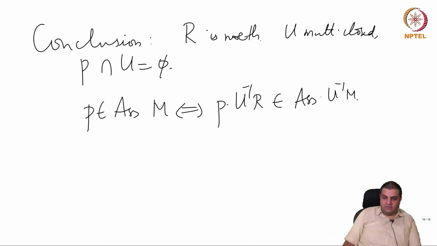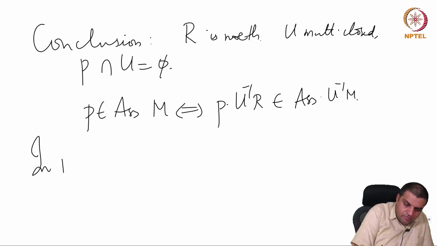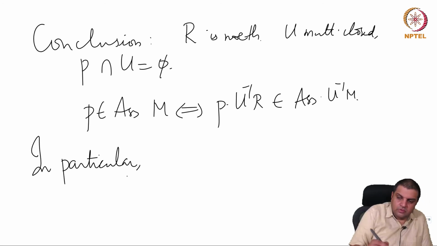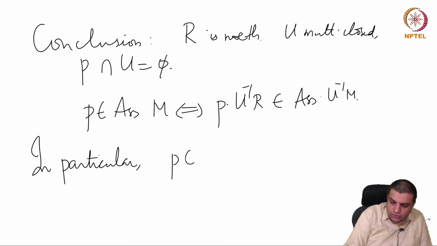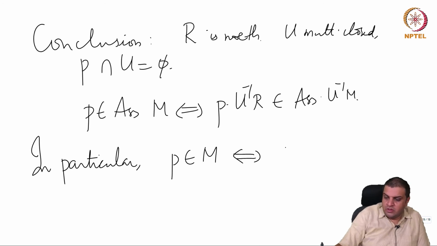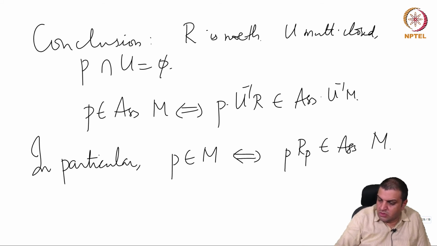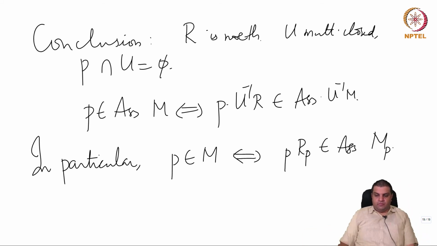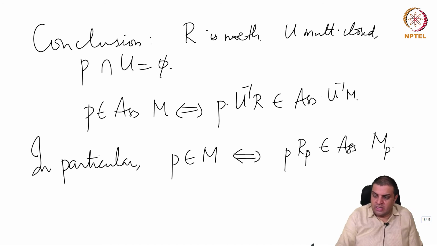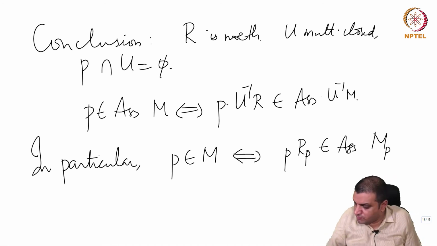Okay. If and only if this one. In particular, P is associated to M if and only if P RP is associated to M localized at P. Okay. So this is what we would want to use.